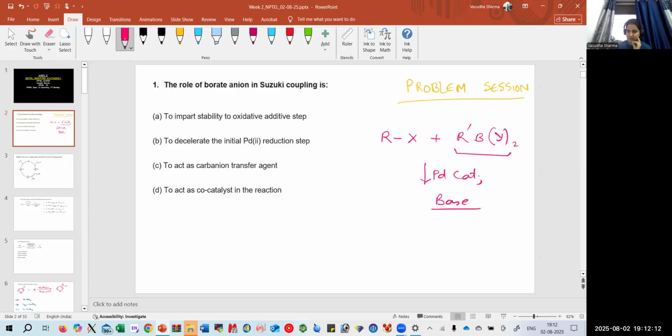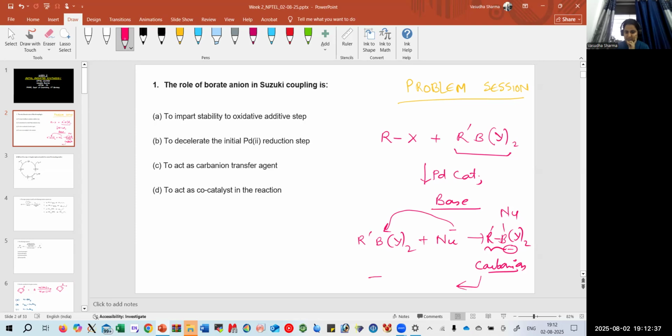So what really happens is, if I have, for example, R dash BY2, and if I'm using a nucleophile, it attacks onto boron and forms R dash B nucleophile Y2. Now this becomes highly carbanion-like, the charge is negative over here now, and this really helps in the transmetallation step, which becomes faster.